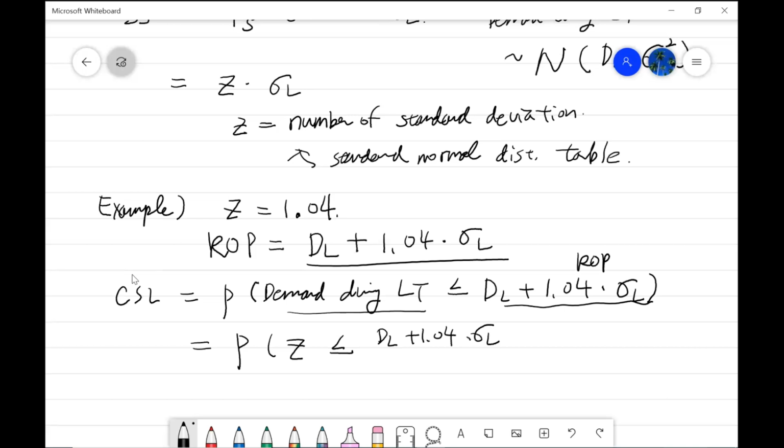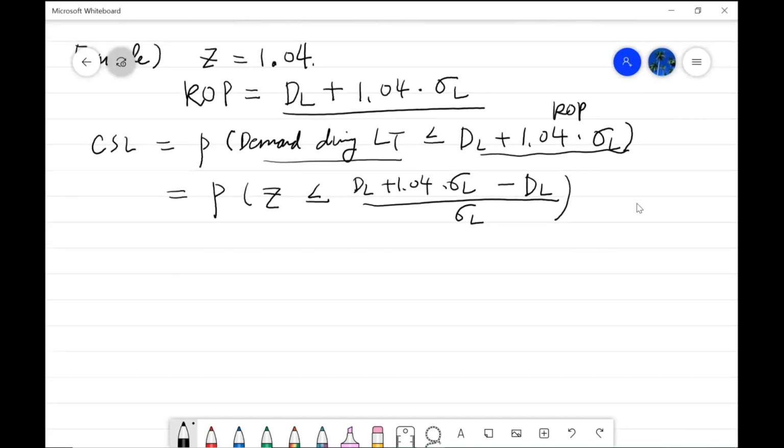And then from that, minus, what should I do? DL average, and divide by the standard deviation. If you do that, G is less than just 1.04, okay? So where can I get this probability?